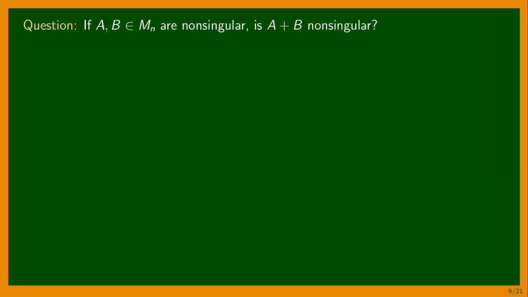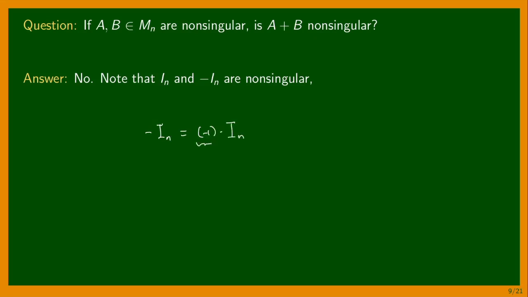Anyway, let's continue. So I have a question over here. If I get two n by n non-singular matrices, can we also guarantee that the sum is non-singular? The answer is apparently no. As a quick counterexample, you can consider the identity matrix I_n, which is known to be non-singular, and the matrix minus I_n, which is also non-singular because minus I_n is just the product of -1 times I_n, and this is not 0, right?